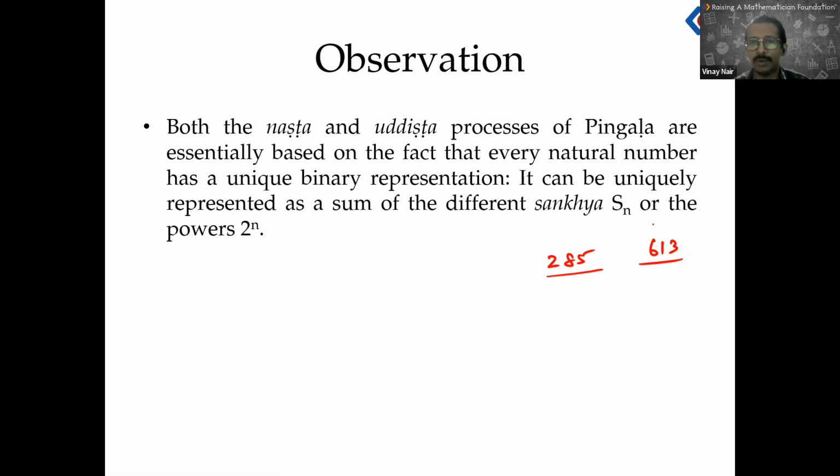Right? So this might be obvious to us because we know a lot of things that somebody has done. But the essential principle that is being used here is this. Then it can be uniquely represented as sum of different sankhyas or powers of, not powers of 2 power n, it should be powers of 2. Okay.